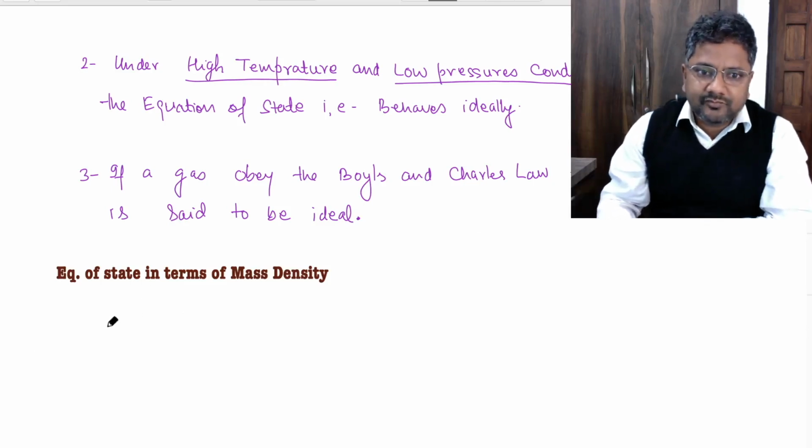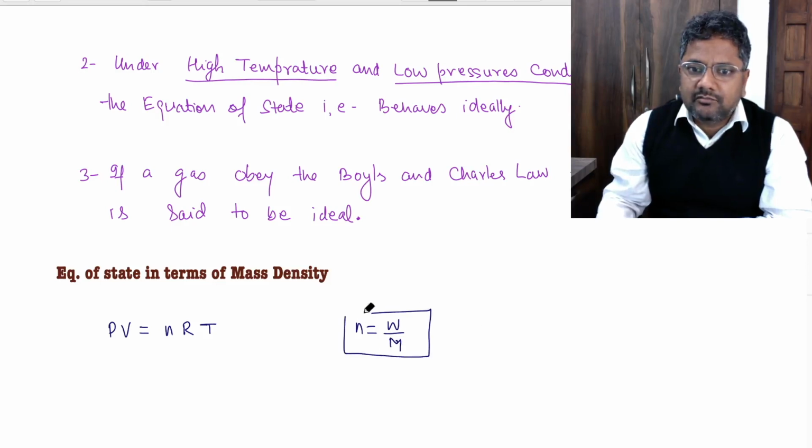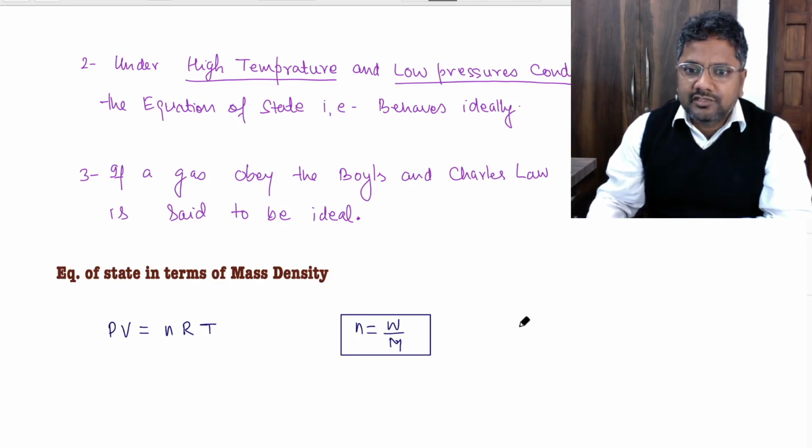So, PV = nRT. n is equal to W by M, where W is the mass of the gas and M is the molar mass of the gas.